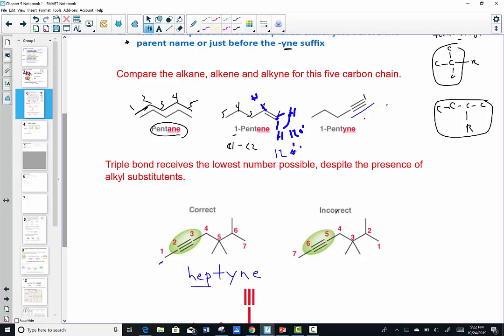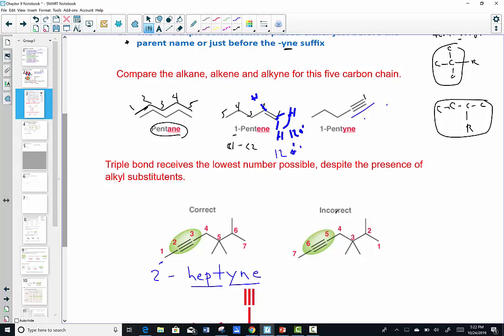Hept is the prefix for 7. Ine is the suffix for a triple bond. And notice that it begins at carbon number 2, so we hyphenate that.